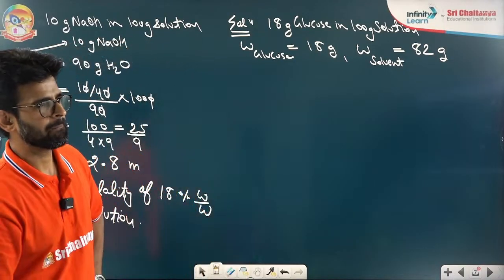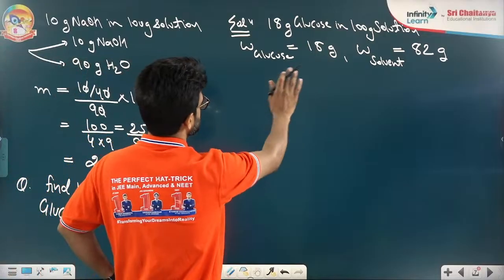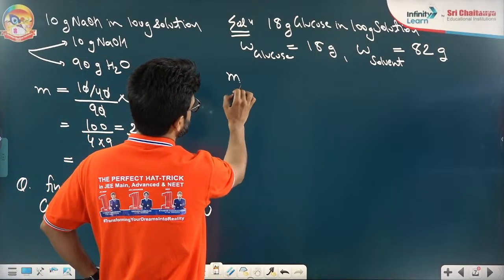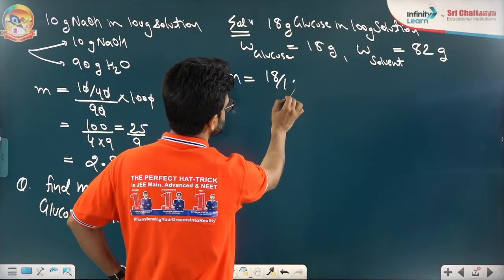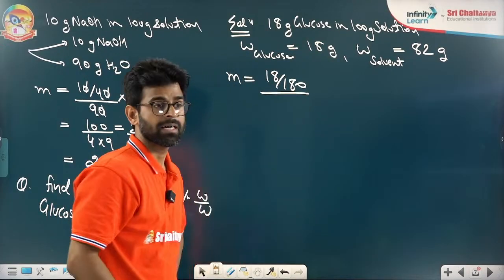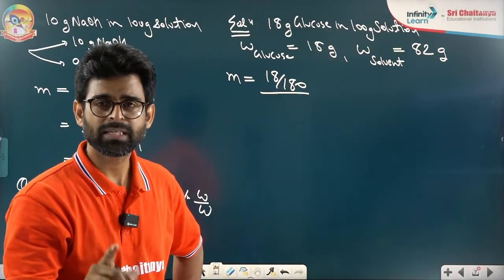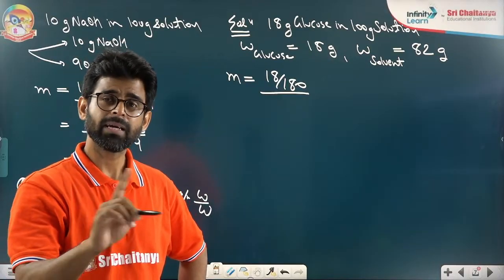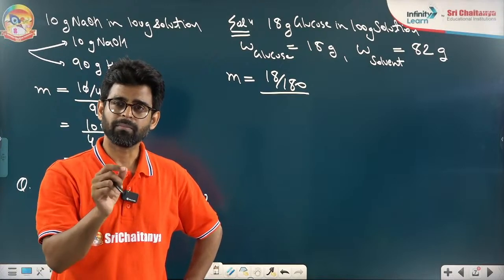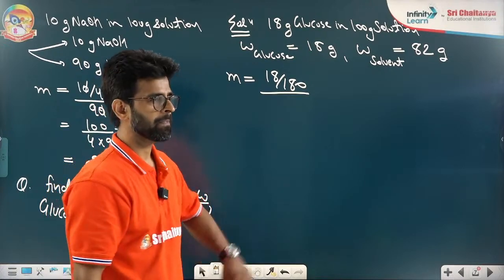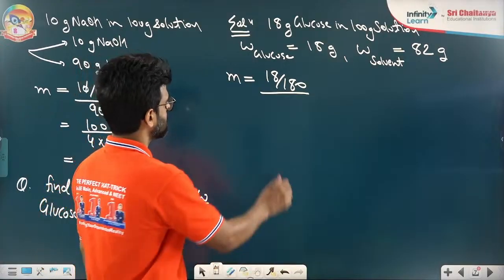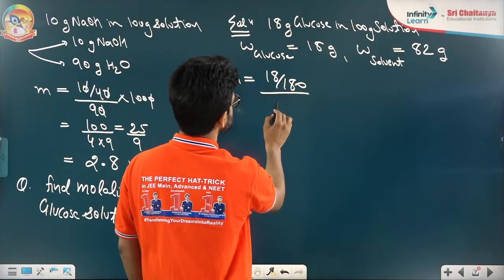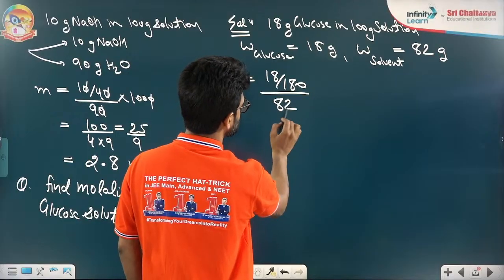Let us check then. So what's coming from here? I want to find molality, mole of solute, 18 by 180. How do we find the moles of solute? Given weight of solute divided by molar mass of solute, right? 18 by 180, because glucose has a molar mass of 180. And 82 gram is the weight of solvent.